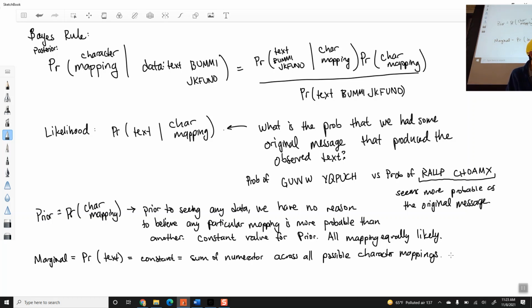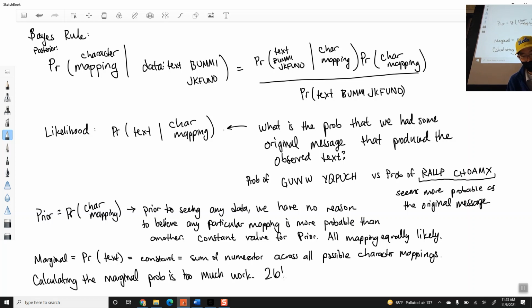And there's just too many. There are 26 factorial character mappings to consider. Calculating the marginal is too much work.